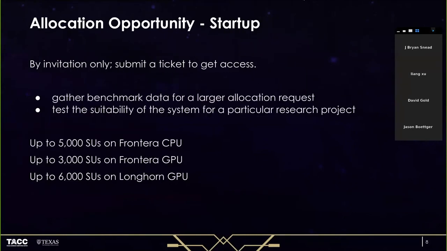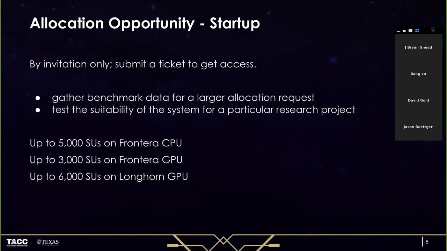And then finally, we have the startup. Startup is another form of discretionary. In a similar fashion, if you want access, you'll need to submit a ticket in order to ask for that. Startups are really intended for you to be able to gather some benchmark data so that you can then submit for a larger allocation request.